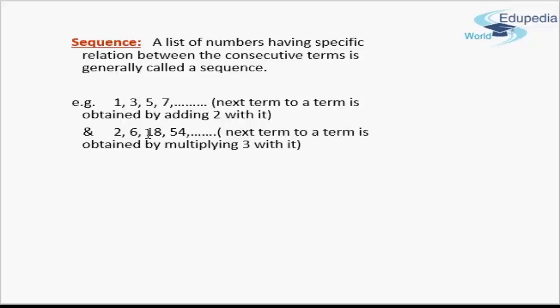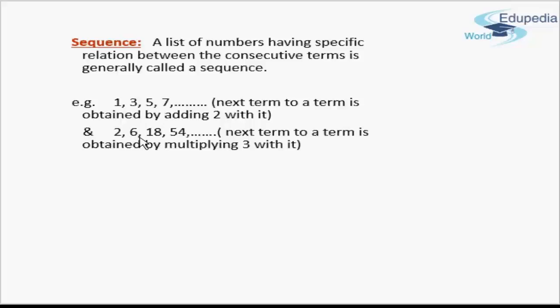But that's not the case over here. So we see that the relation between the consecutive terms in this sequence is that each term is being multiplied by 3 to get the next term. So 2 multiplied by 3 is equal to 6, 6 multiplied by 3 is equal to 18, then 18 multiplied by 3 is equal to 54, and if we were to continue this, we would get 54 multiplied by 3, that is going to be 162. So this is what a sequence is.